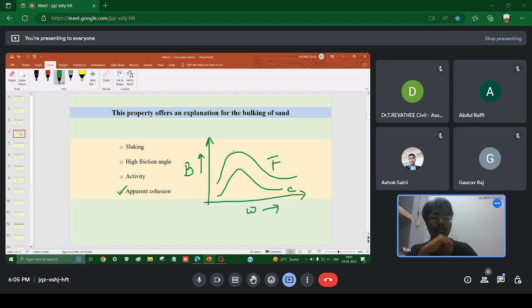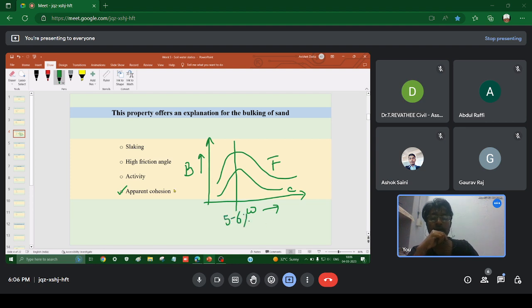The fine grained soil, due to their more specific surface, will be able to give more adhesive forces, forming a better honeycomb structure in the capillary action of water, and hence they will show more bulking than the coarse grained soil. And this percentage of water at which it happens is generally 5 to 6%.